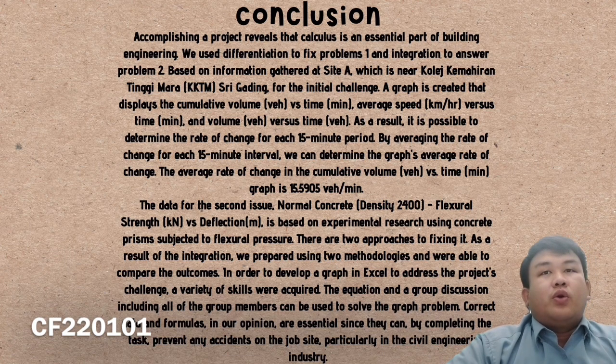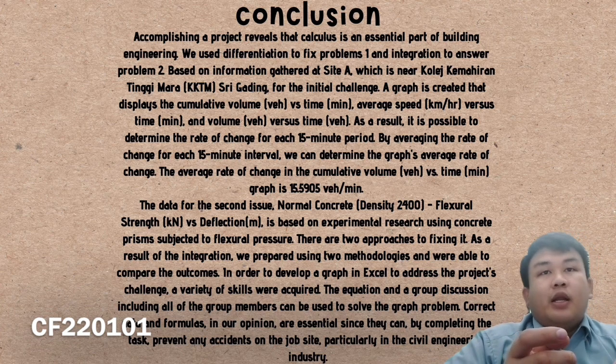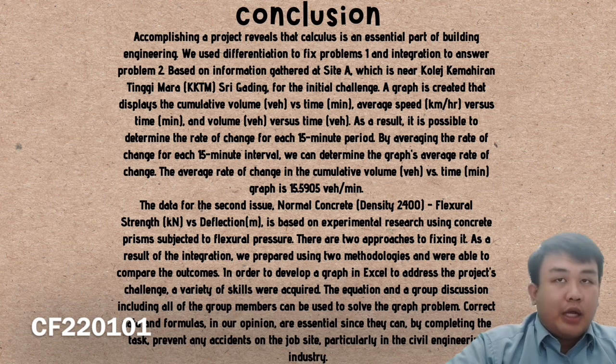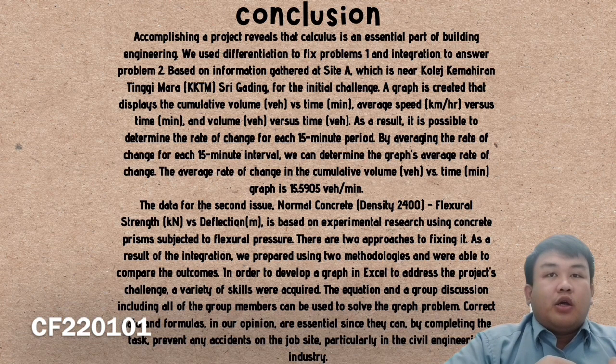When we use differentiation for problem 1 and integration for problem 2, we got the information from site A, which is near College Kemahiran Tinggi MARA, KTM, Sri Gading. For the initial challenge, we can determine the average rate of change in the cumulative volume VEH versus time.